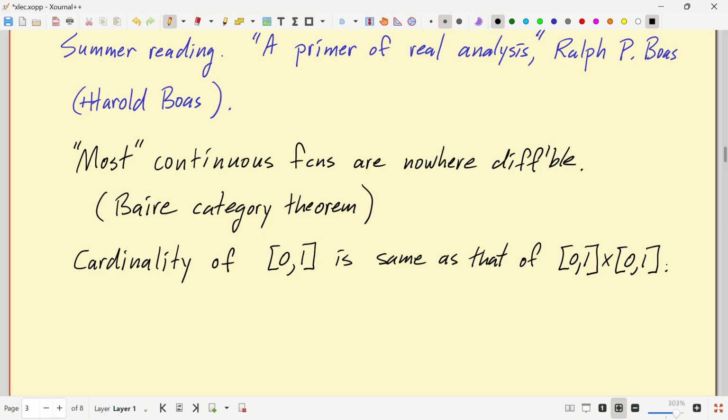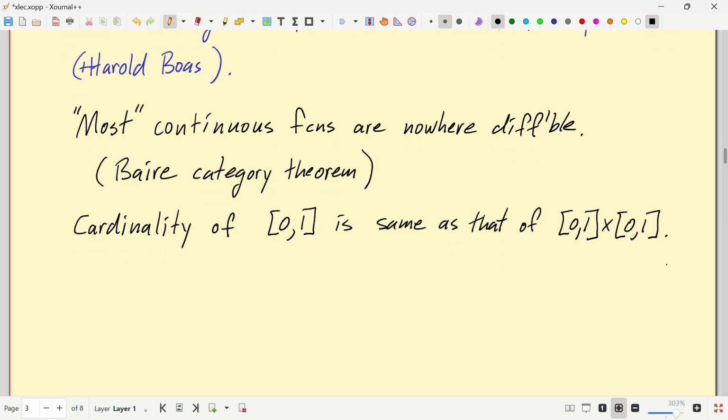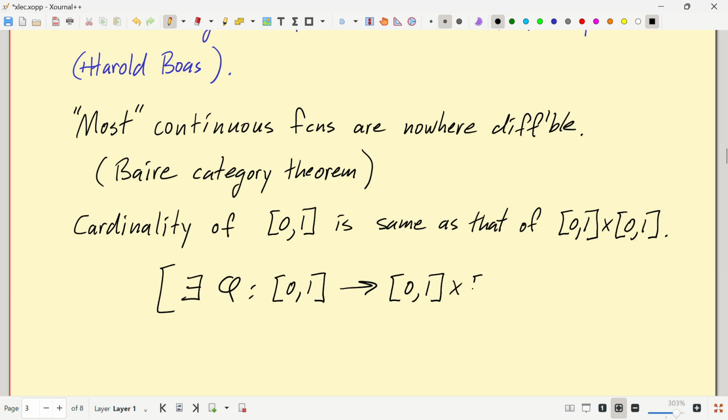You'd think of the square as being a heck of a lot bigger. But what does that mean? Cardinality means there exists a mapping from [0,1] into the square that is 1-to-1 and onto.